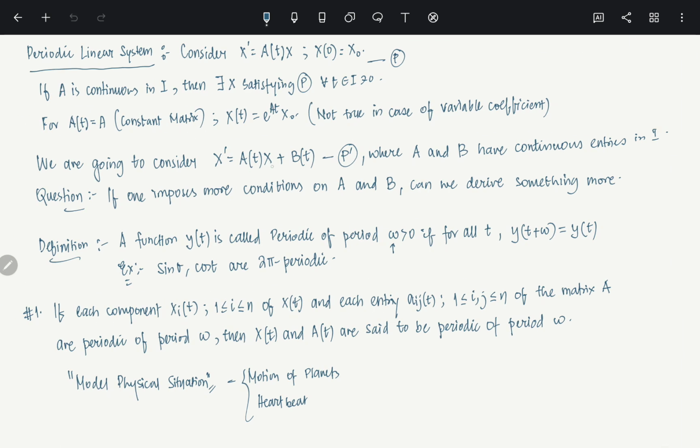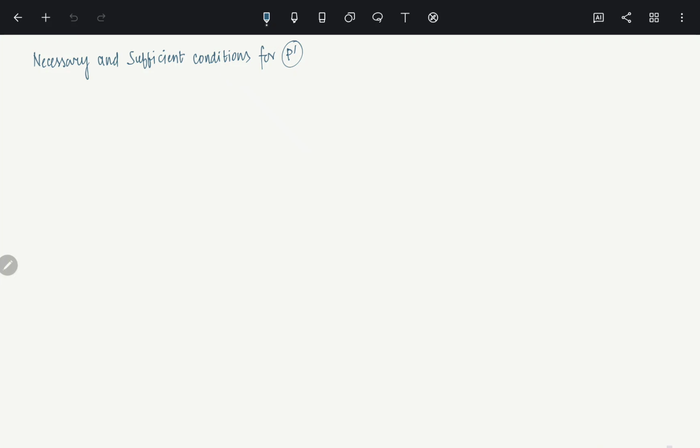X prime equals A of t times x plus b of t. I will put it like this: W periodic solution. What does this mean? It means that it has a periodic solution of period W. So let us give you the necessary and sufficient condition for this to happen.